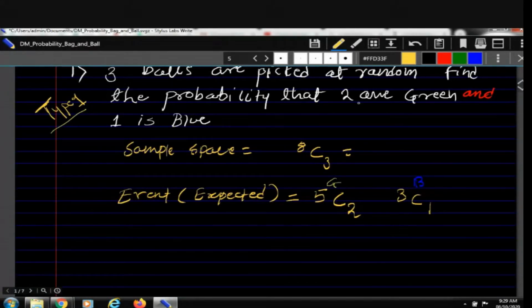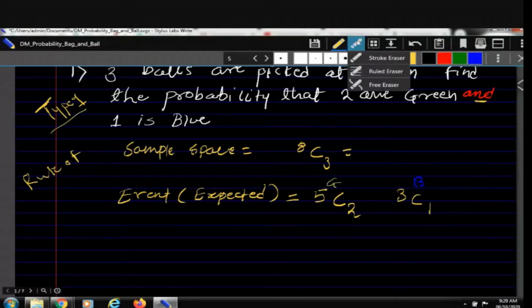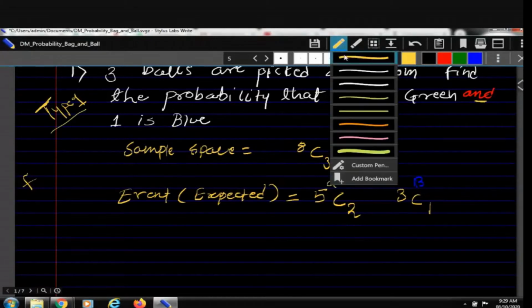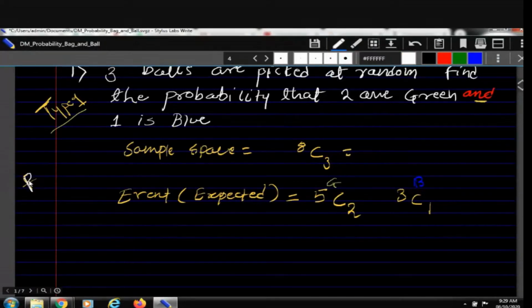And as the problem is saying, the probability that two are green, and this word is important, and one is blue. So which sign will you put here, either rule of product or rule of sum? Whenever there is a rule of product, you have to use multiplication.